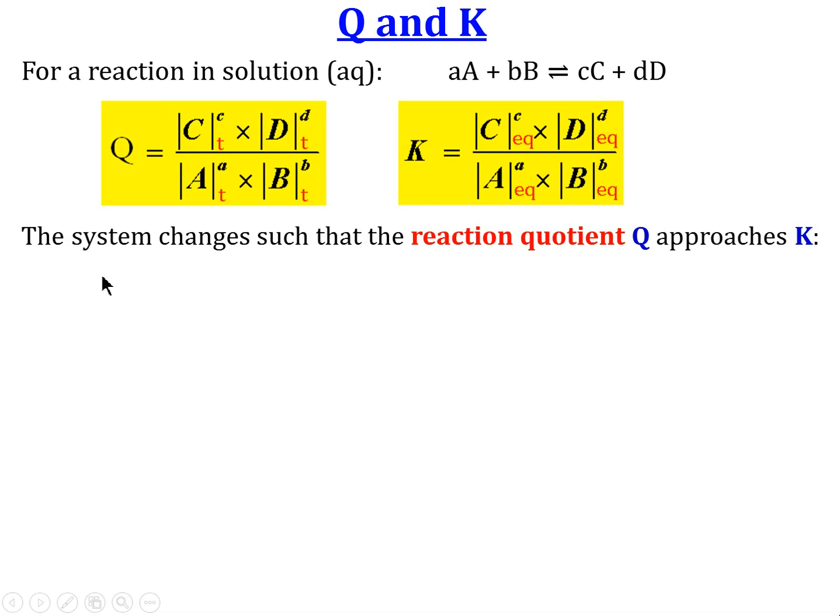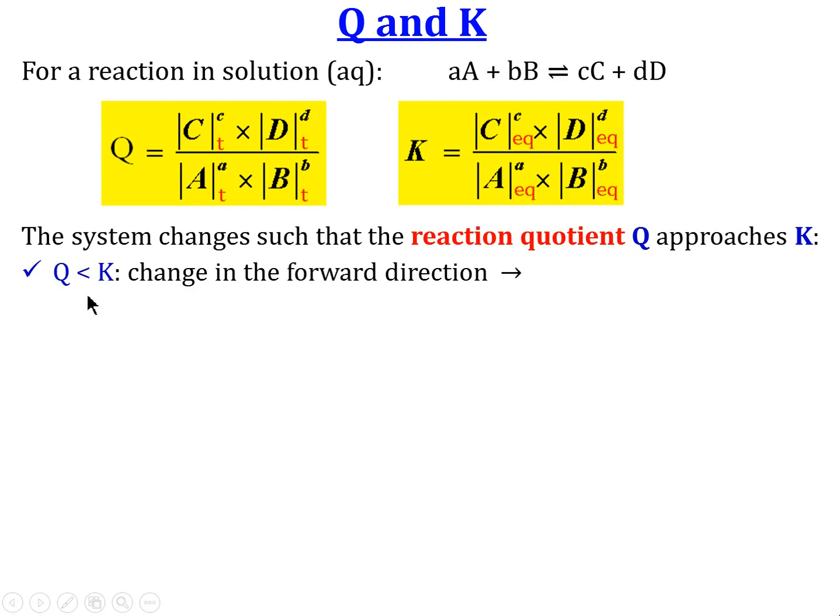The system change of the reaction is related to Q and K. The system changes such that the reaction quotient Q approaches K.